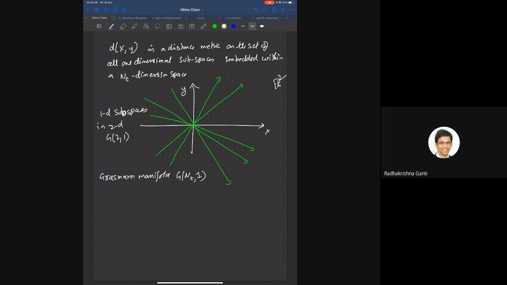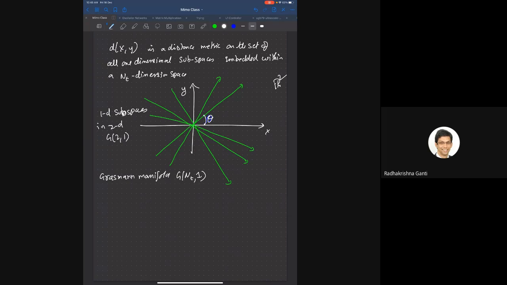In general, it's G of nt comma 1. This manifold is nothing but the collection of all these subspaces. In this particular example, the subspaces are parameterized by what parameter? The slope, the theta. So if I give theta, you know the subspace. There's a line at that angle which passes through the origin.